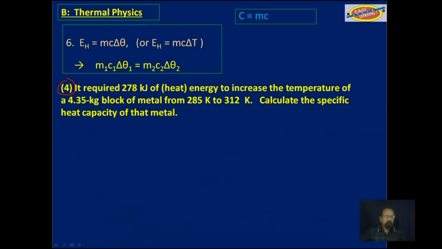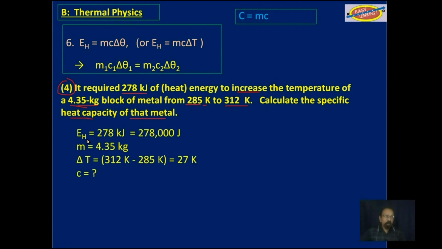It requires 278 kilojoules of energy to increase the temperature of a 4.35 kilogram block of metal from 285 degrees Kelvin to 312 degrees Kelvin. Calculate the specific heat capacity of the metal. So let's write down what we are given.